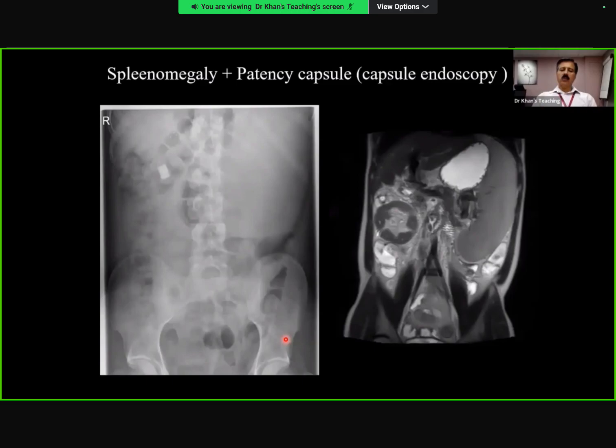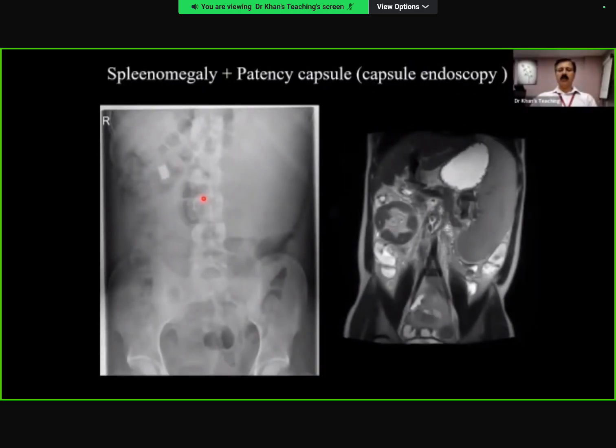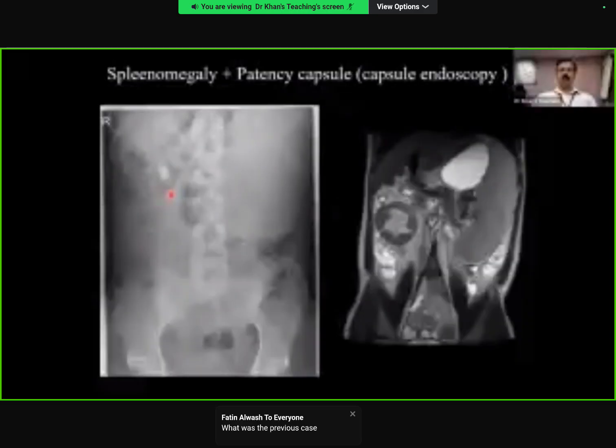So usually they might do an MR enterography, etc., to make sure that there is no stricture. But even whatever we say, they will do. This is made up of a radiopaque material which is dissolvable. It is biodegradable, but initially it is radiopaque. So they ask the patient to take it, and then they take a plain film, let's say the next day, and it has to go beyond the small bowel, and that is an indicator that there is no stricture.